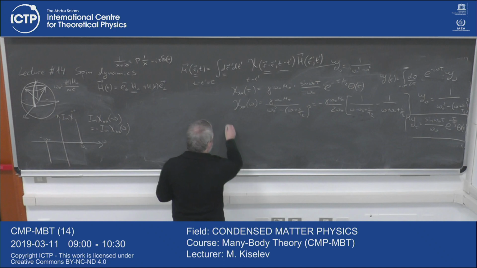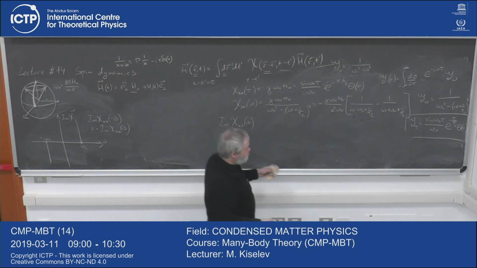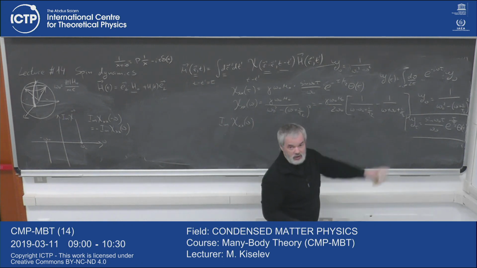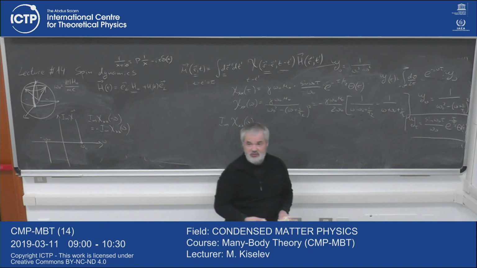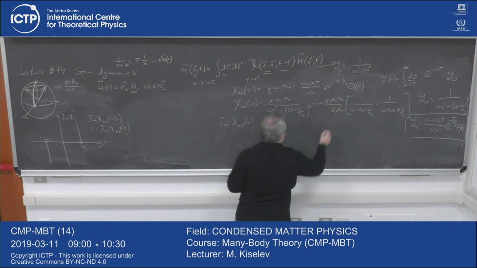Let's now write the imaginary part of chi xx(omega). What I do is multiply the numerator and denominator by the complex conjugated variable.